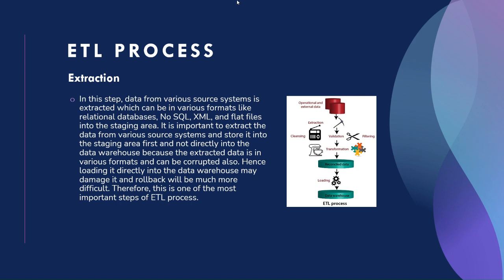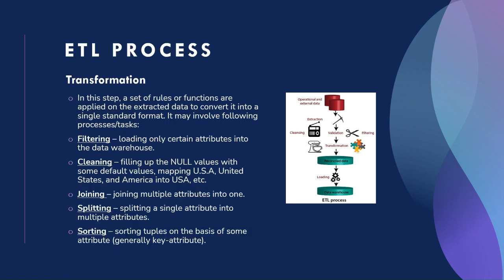Therefore, this is one of the most important steps of the ETL process. For example, this step involves collecting data from multiple retail stores, extracting the details and collecting it into one format at one place. The next one is transformation.